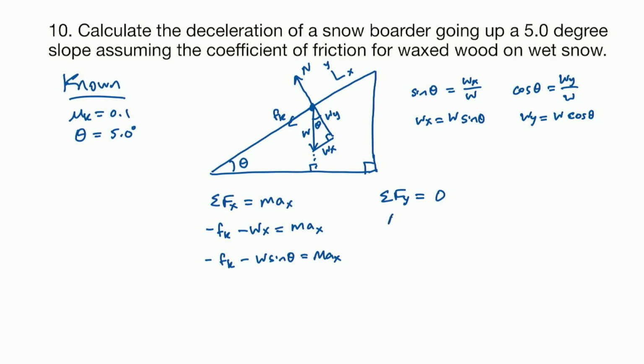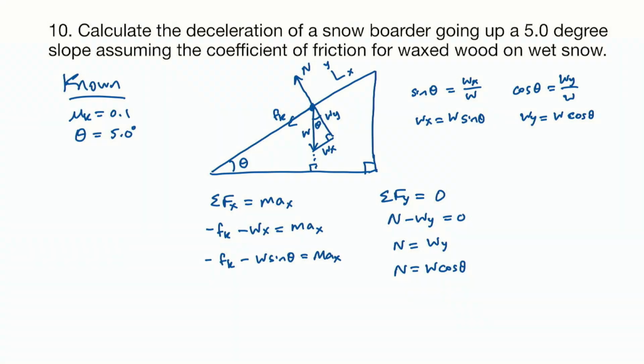And there we have a positive normal force, and we're going to subtract the y component of weight, which would be pointing down. So we find our normal force is equal to the y component of weight, and so the normal force is w cosine theta.